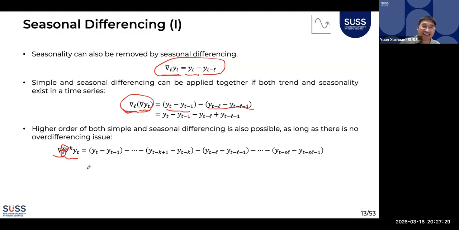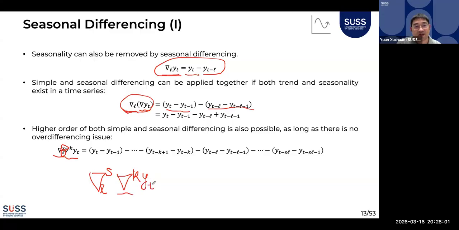Nabla L refers to the L step difference, usually a seasonal difference. S refers to the seasonal part, meaning there are S cycles in your time series, and nabla K refers to the K order difference.